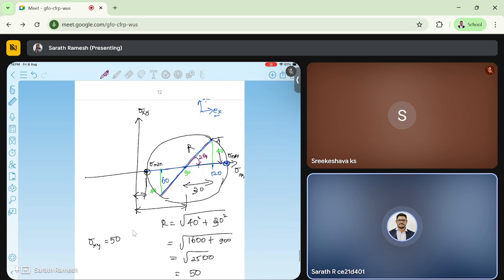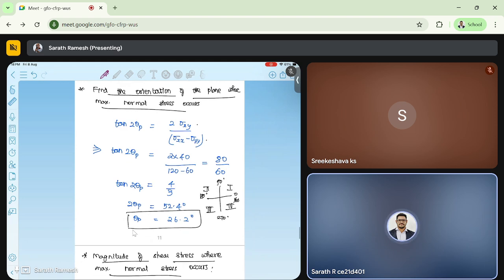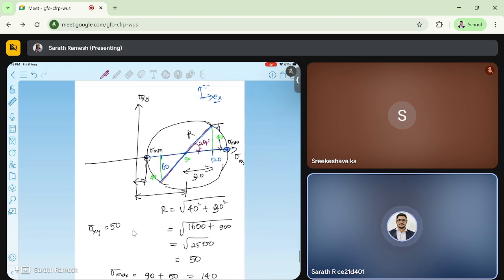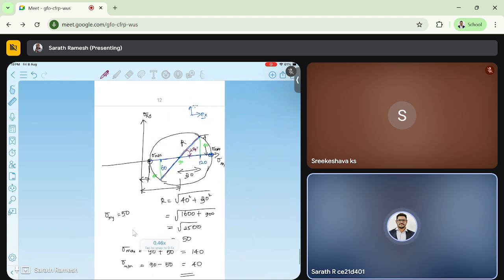If I am drawing this Mohr circle to scale, we can measure this angle. This would be equal to 52.4 degrees. Okay. In the Mohr circle it is 2 theta p, in the normal it is theta p, because that's how we derive the expression. Fine. That's it. So this completes the plane state of stress.